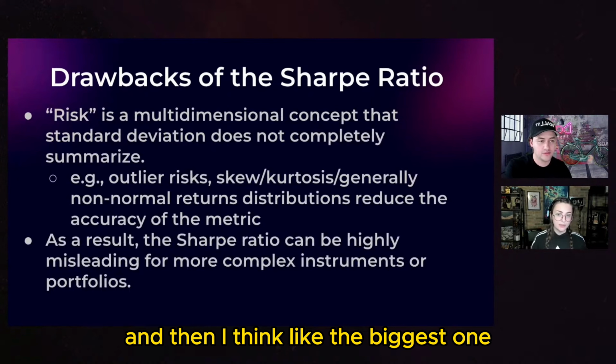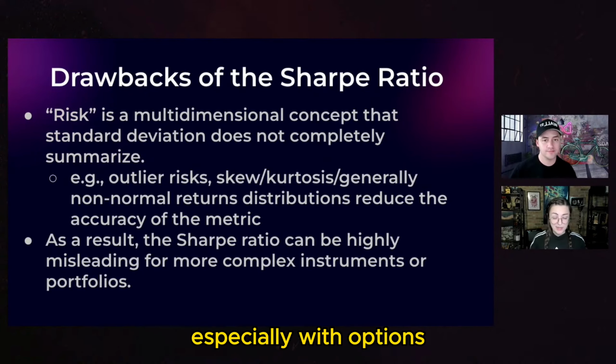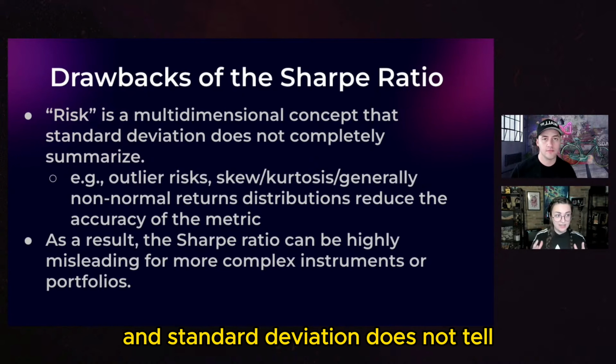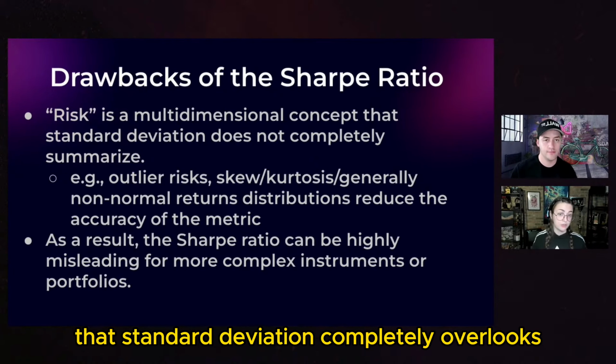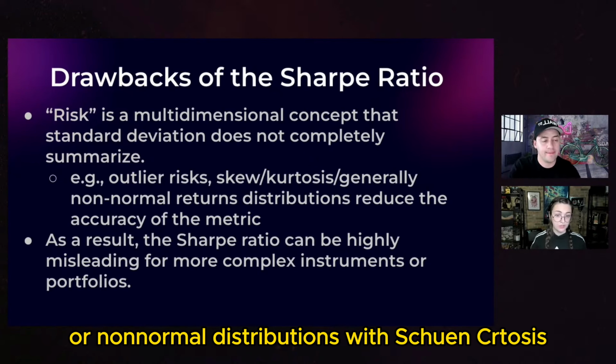And the biggest reason you have to be careful with the Sharpe ratio, especially with options, is that risk is a very multidimensional concept, and standard deviation does not tell you everything about risk. There are aspects of risk that standard deviation completely overlooks, like outlier risks or non-normal distributions with skew and kurtosis.